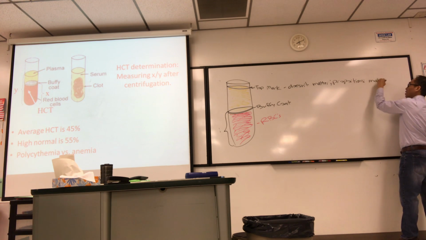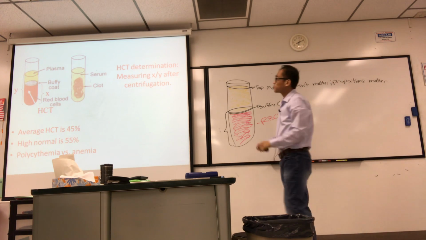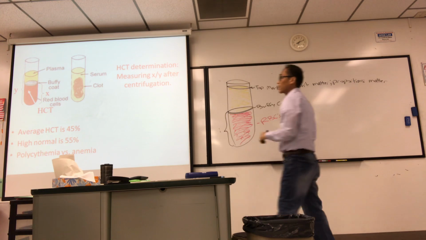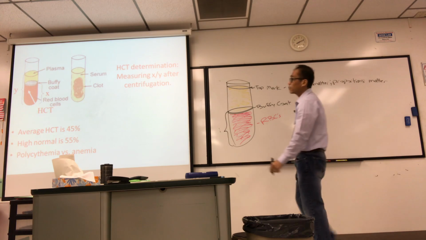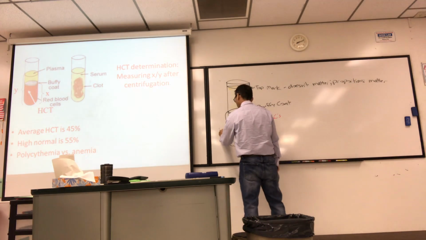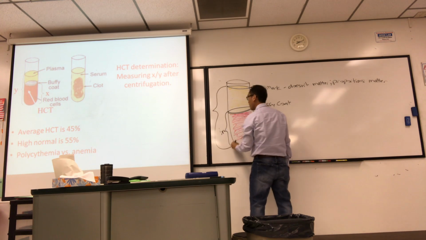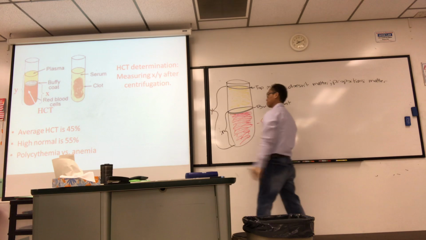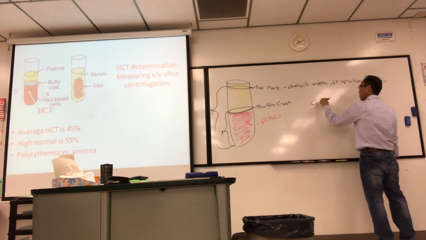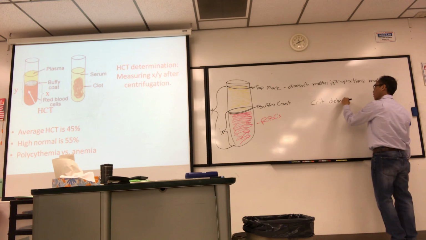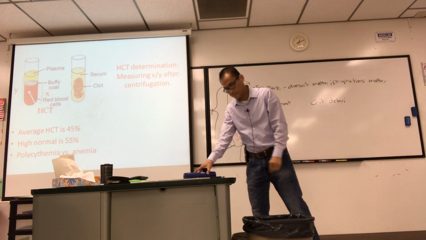So you can figure it out by percentage. On the slide I have X and Y. I call that X on the slide, and the whole thing is my Y. Crit determination is X over Y times 100.